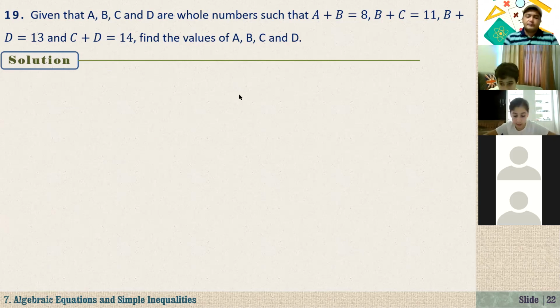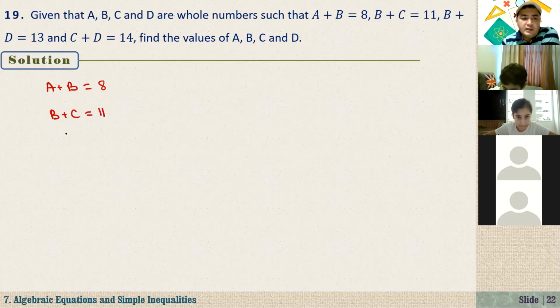Now I found the answer. You got an answer? Yes, wait, I'm writing. Let me check again. Okay, here we have A plus B is equal to 8, B plus C is equal to 11, B plus D is equal to 13, and C plus D is equal to 14. Rahim, you can tell me your answers here.